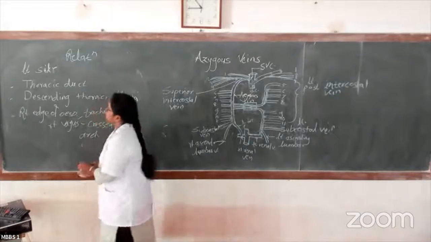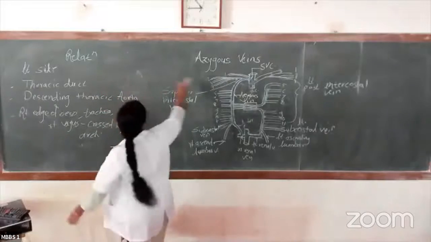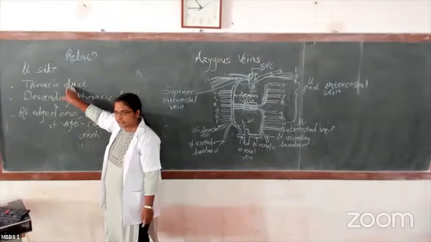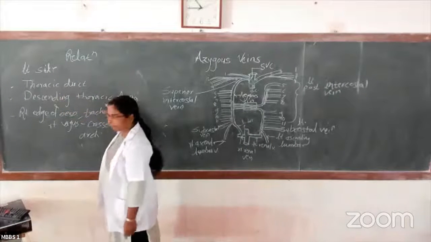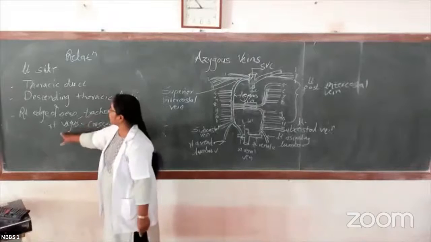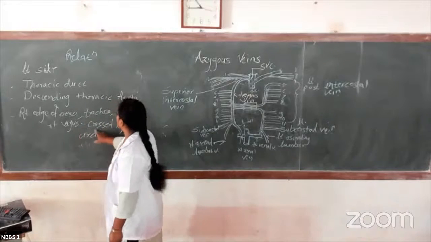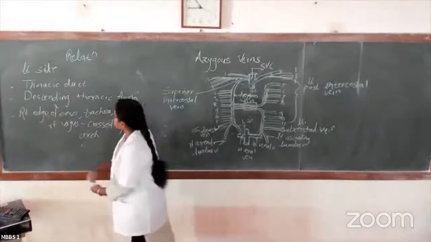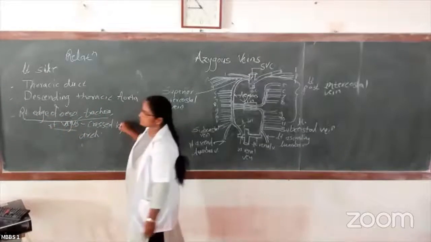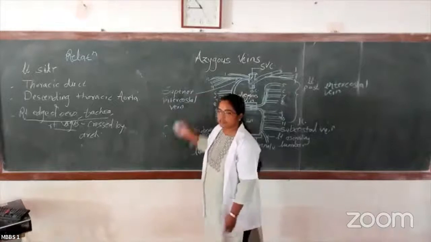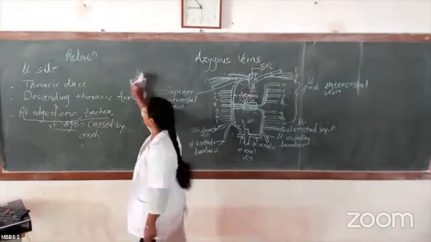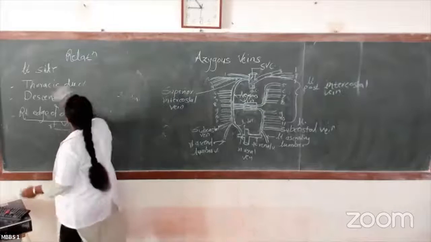So which are the structures present to the left of this azygous vein? The thoracic duct, descending thoracic aorta, and also the right edge of esophagus, trachea, and right vagus nerve. And these three structures are crossed by this arch of azygous vein. So these are the relations of azygous vein.